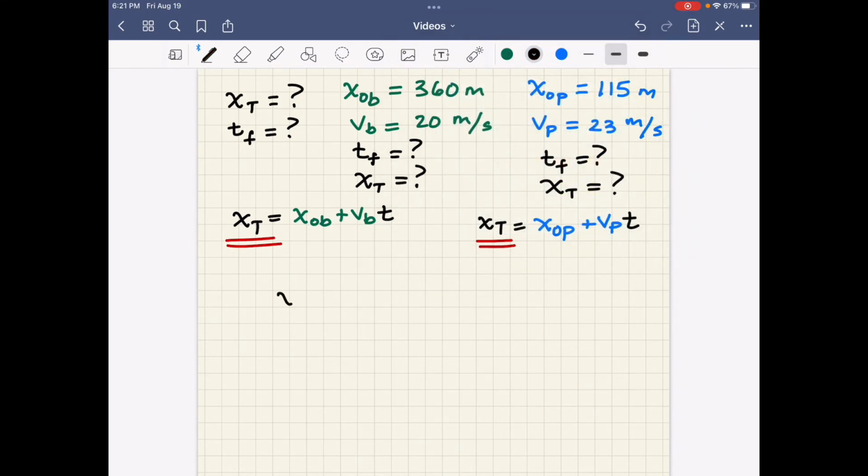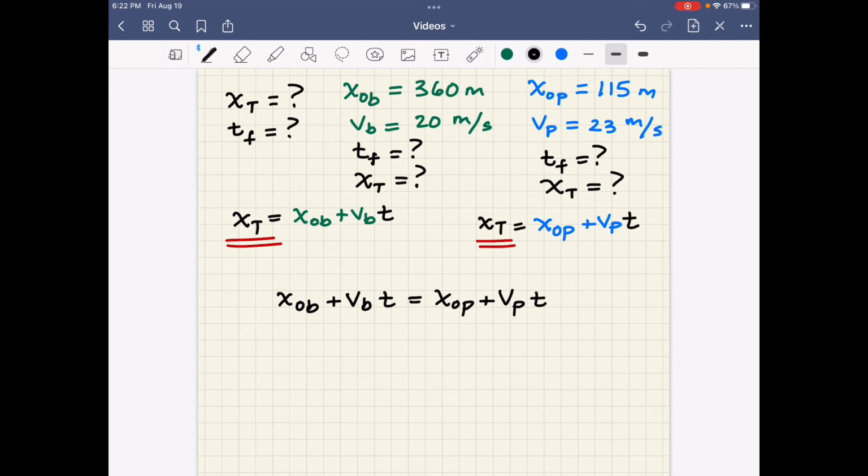So I can say x naught boat plus velocity boat, that's equal to x naught police plus velocity. Oh wait, I made a mistake. I missed the time. Forgot about the time, t. That's what we're solving for. So x naught police plus velocity of the police multiplied by time.